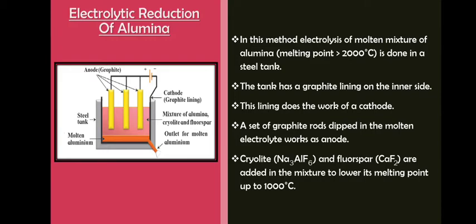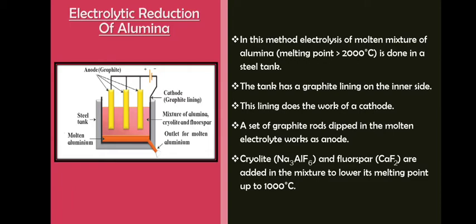This lining does the work of a cathode. Cathode will be what charge? Negative. A set of graphite rods dipped in the molten electrolyte works as anode. Yellow colors you can see. That will be positively charged electrode.